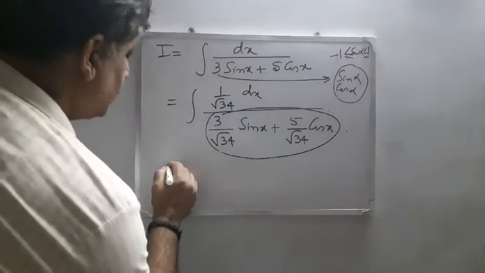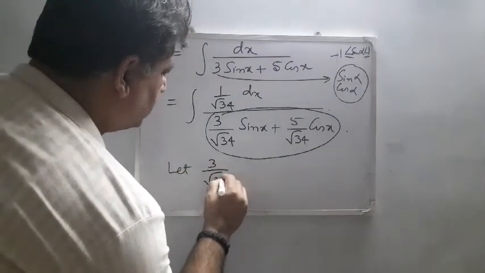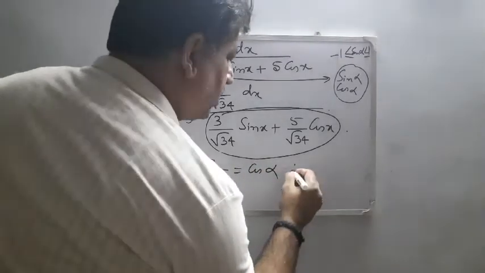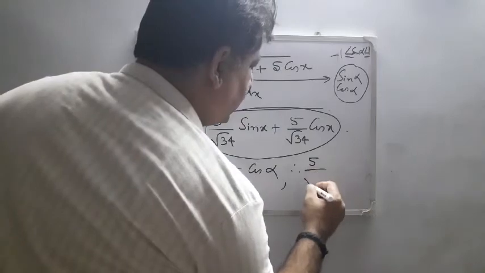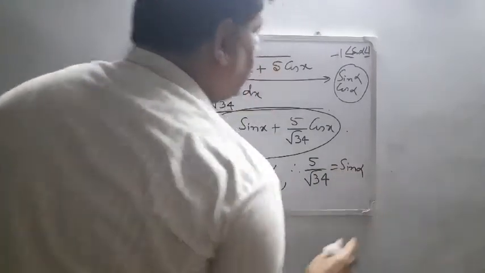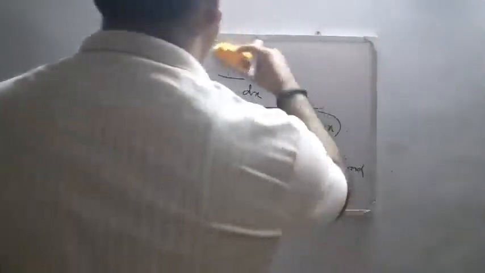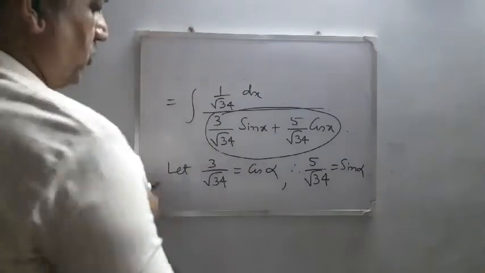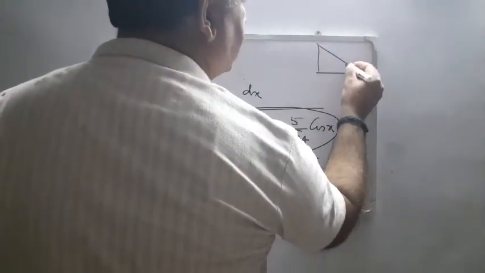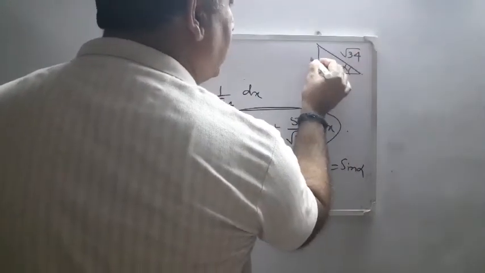So let 3 by root 34 be equal to cos alpha. Say, therefore 5 by root 34 is equal to sine alpha. If you prepare the right angle triangle, there you will find that if you are taking the value of cos alpha as 3 by root 34, say this one is alpha, this one is 3, this one is root 34, then this value should be 5.